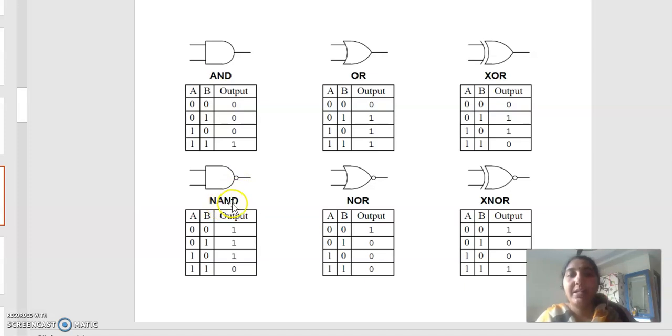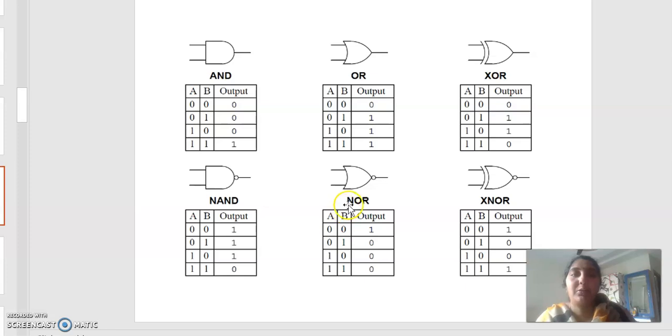In the NAND gate truth table, only for the 1-1 combination the output is equal to 0. For the remaining combinations, the output value is equal to 1. So we can generalize the statement: if all the inputs are equal to 1, the output value is equal to 0.